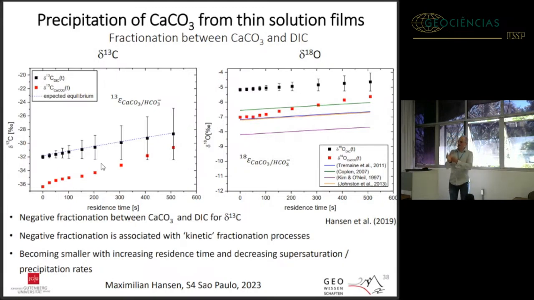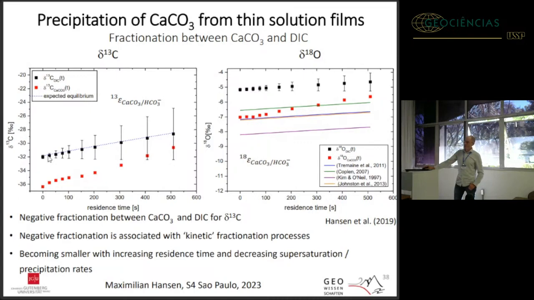But unfortunately, during that time, the residence time of the solution on top of both plates was slightly different. And as we had the precipitation rate and the residence time, we could calculate, using the Rayleigh equation, the isotope values of the DIC for the same residence times as for the calcium carbonate experiment, and this is essentially what you see here. And then you can directly compare the DIC and the calcium carbonate.